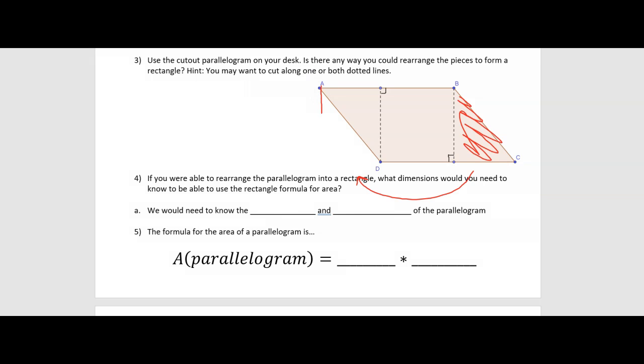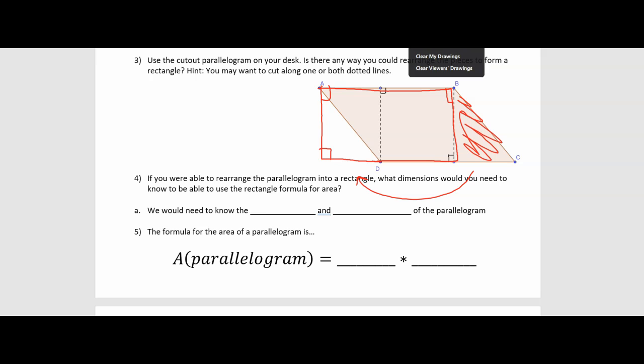If we did that, it would fit nicely in here, and we would have our rectangle. And it just so happens that you could do this for any parallelogram. You can make a cut where you take one side of the parallelogram and move it over to the other side and have the same amount of area, but now it looks like a rectangle, which means if we have a rectangle, we could use the rectangle formula.